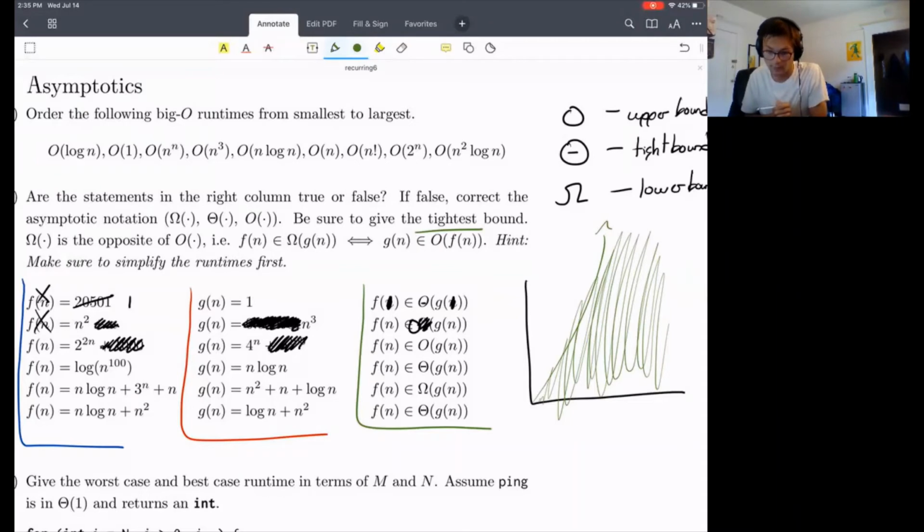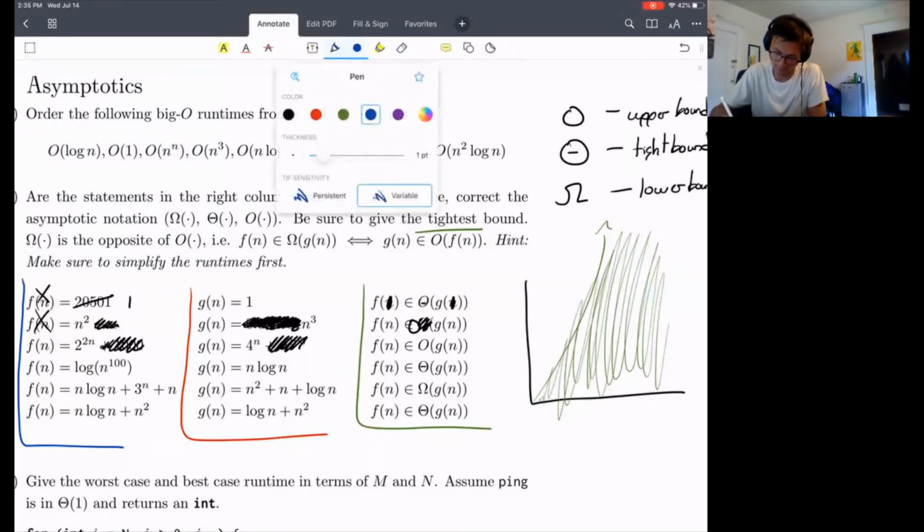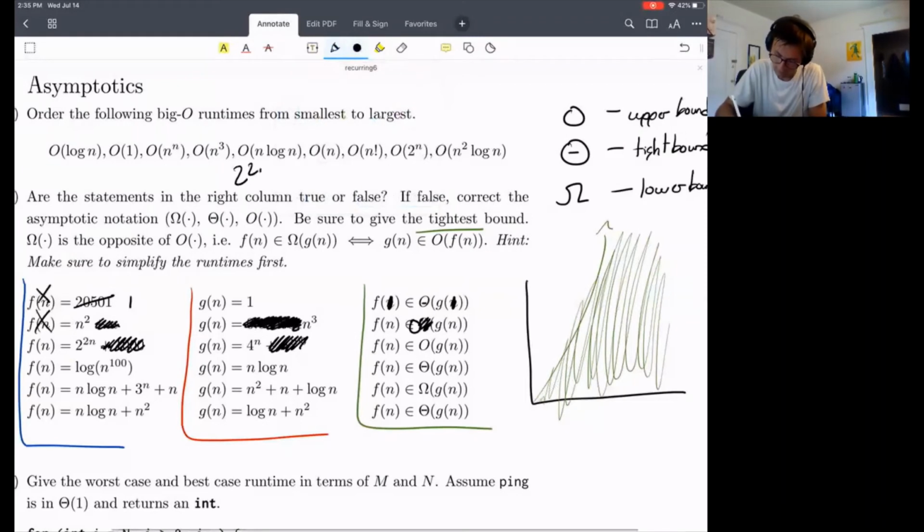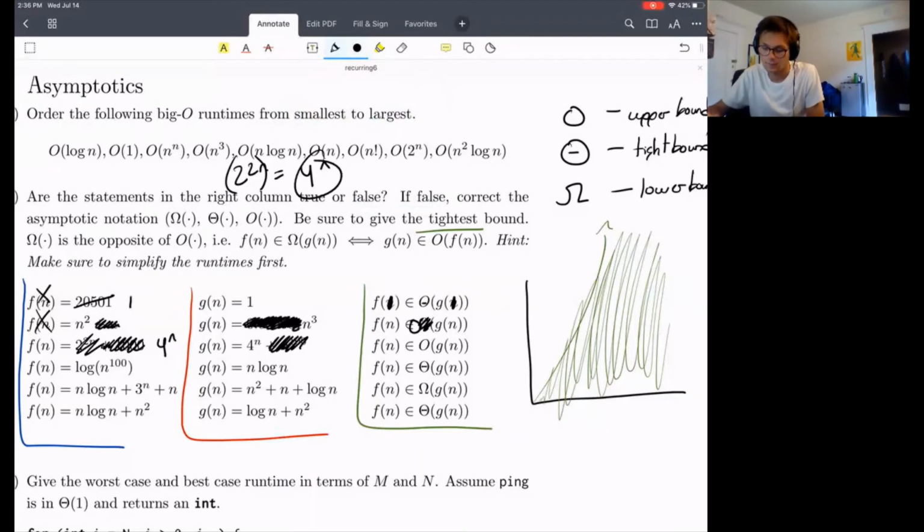So 2 to the 2n is going to be a smaller number than 4 to the n, maybe something like this. Oh, sorry, mistake here. It's not going to be a smaller bound, actually, because 2 to the 2n is just equal to 4 to the n, because 2 to the 2 is equal to 4. So that's 4 to the n. My mistake right there.